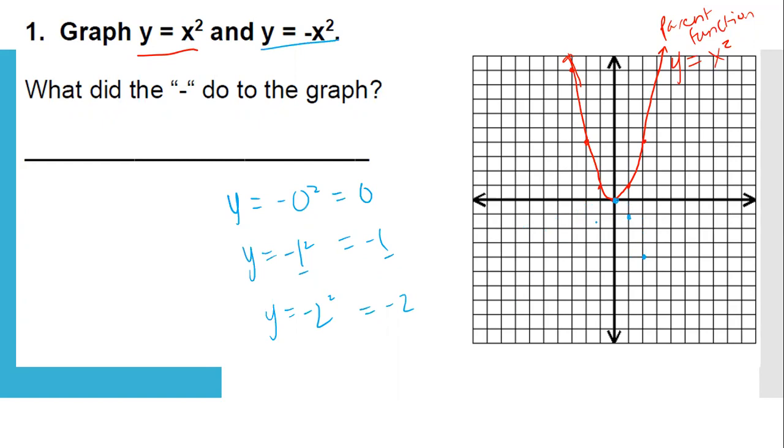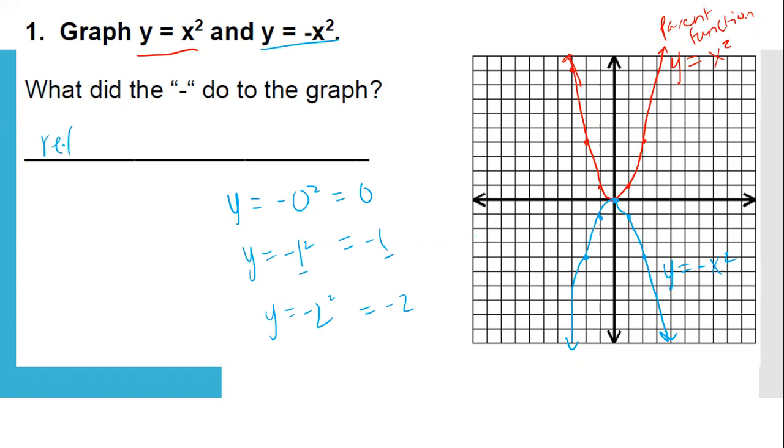I'm going to reflect. And I did a horrible job on drawing. We're going to pretend that's perfect on that side. Okay, what happened to the parent function? There we go. What happened?